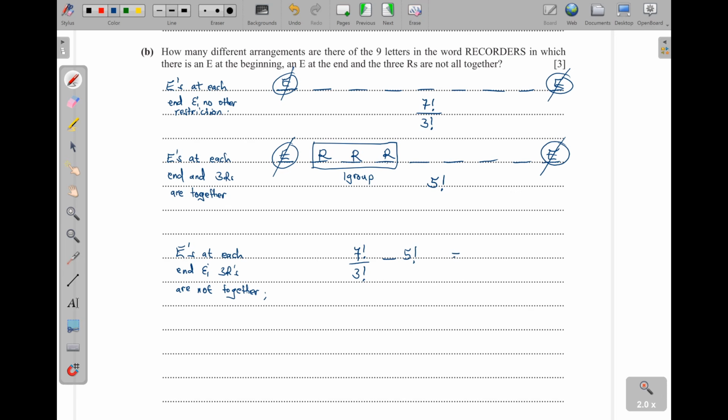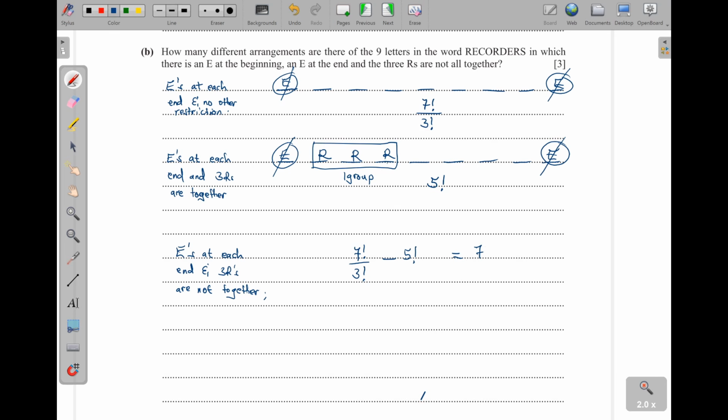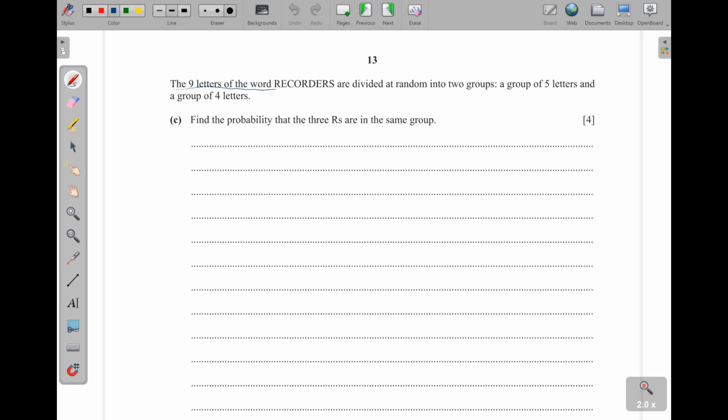So then what do we get? 7 factorial. Then I divide by 3 factorial. Then subtract 5 factorial. I get 720. 720 as my answer.